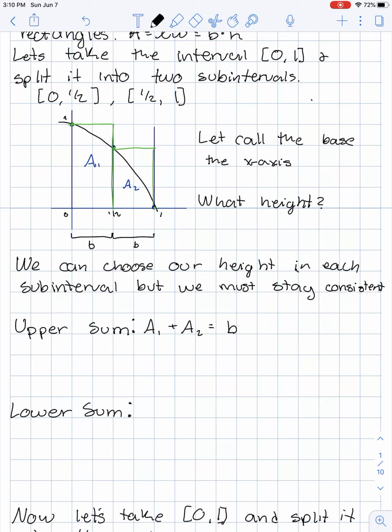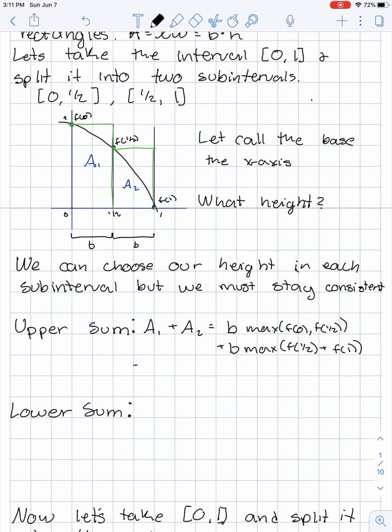Well, our height is going to be the maximum of f of 0, f of 1/2, so it's going to be max of f of 0, f of 1/2, plus b times, right, our base times the max of f of 1/2, f of 1.